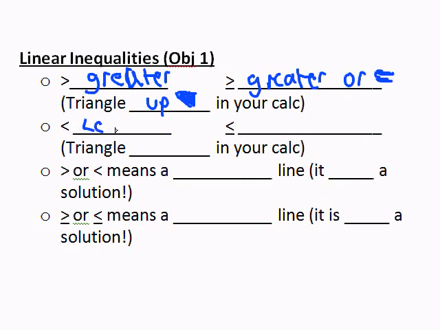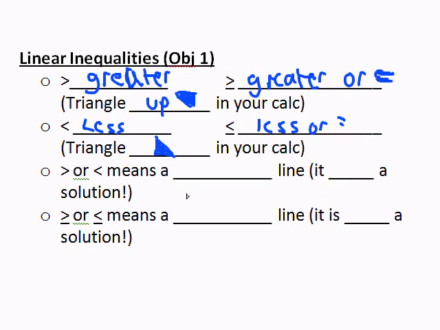This is less than or equal to, and it's going to be a triangle facing down in your calculator. It'll look like this. Now you notice it makes an L, so that's a good way to remember that it's the less than symbol in your calculator.